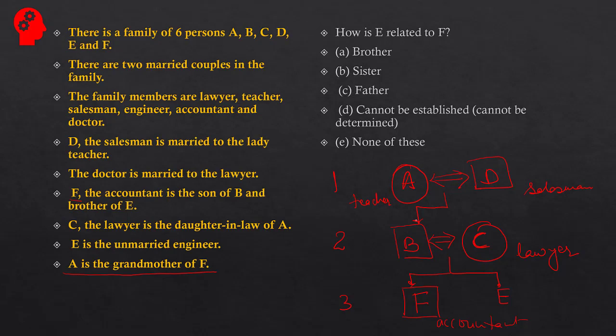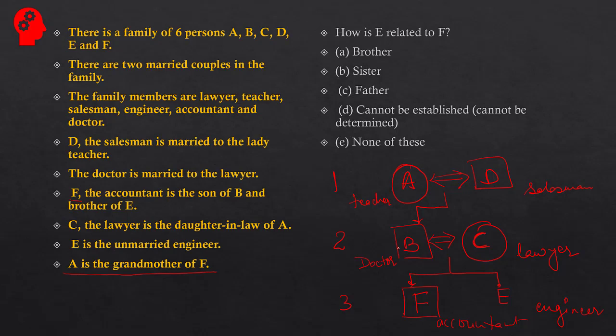Okay. Now let's have a look at the question. And there's one more data about E. E is the unmarried engineer. So we've also got the data about E's profession. And B would be the doctor because the doctor is married to the lawyer. Okay. How is E related to F?